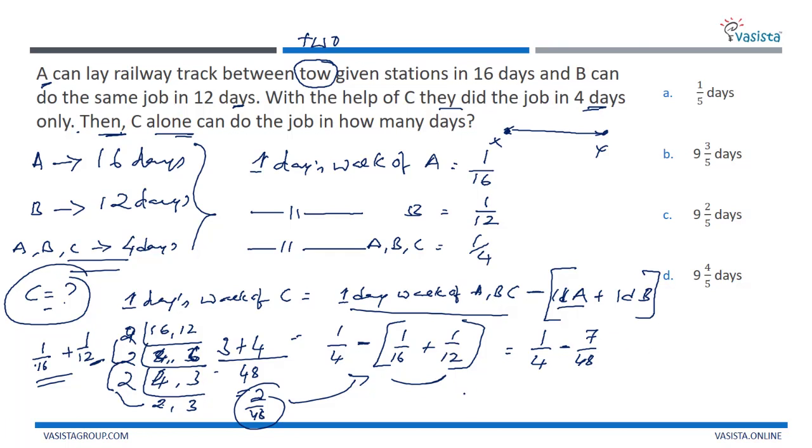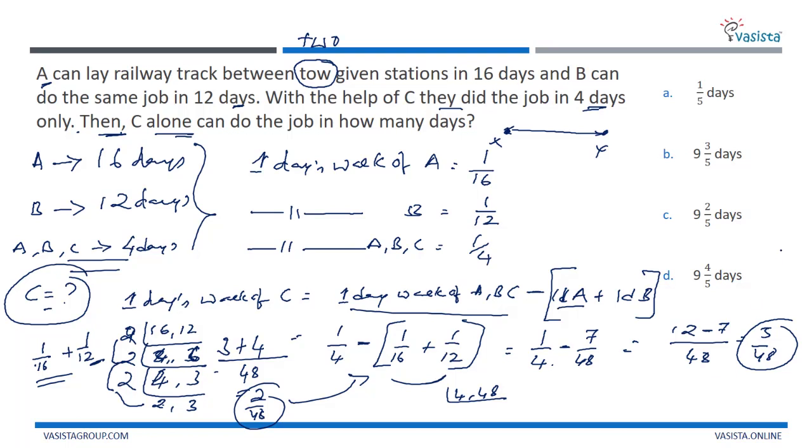It is 48 itself, right? So 48 is the LCM. Now 48 divided by 4 is 12, 4 12s are 48, so 12 here, minus 48 1s are 1 into 7 is 7. So 12 minus 7 is 5, 5 by 48 is the answer. C can do the work in 5 by 48 days.